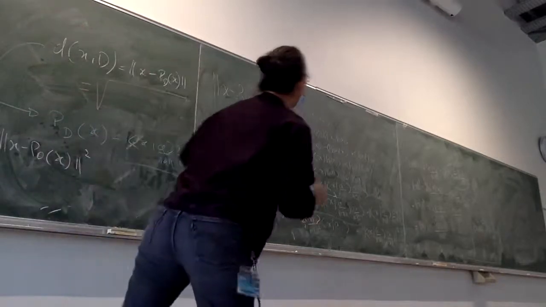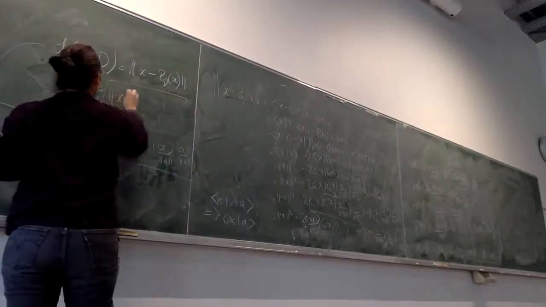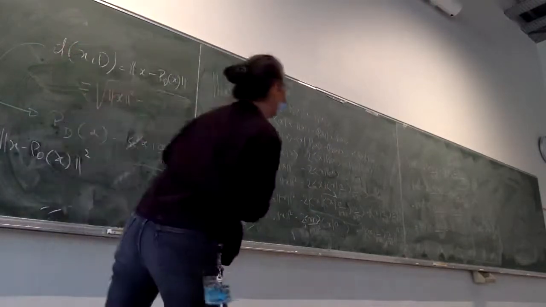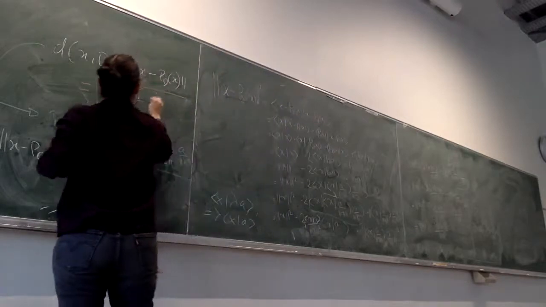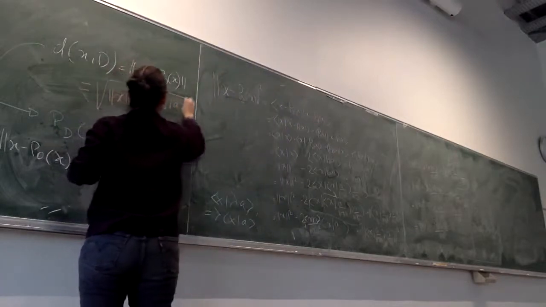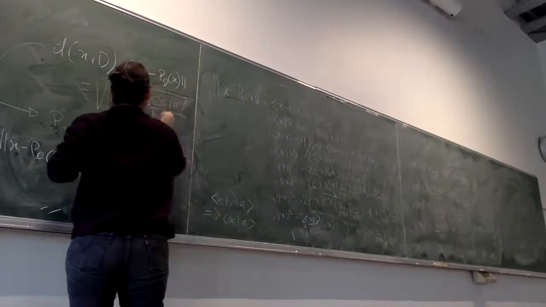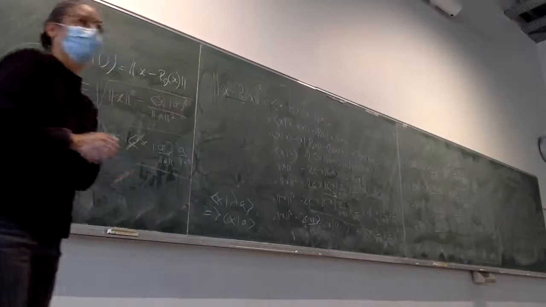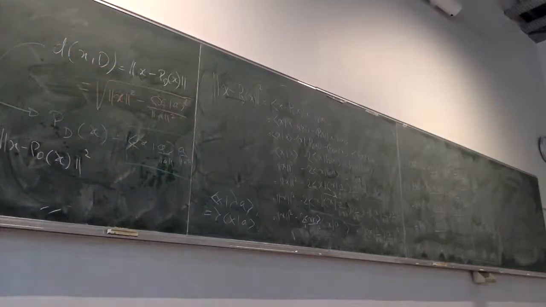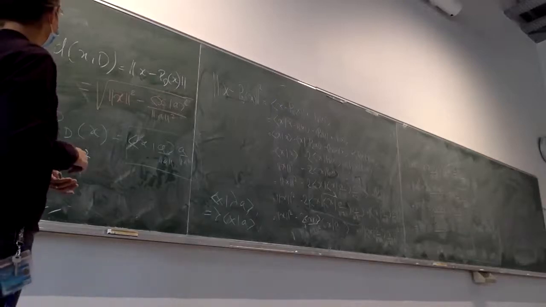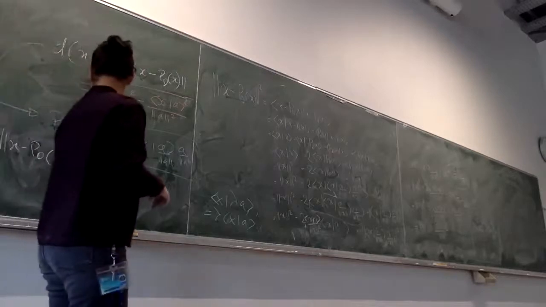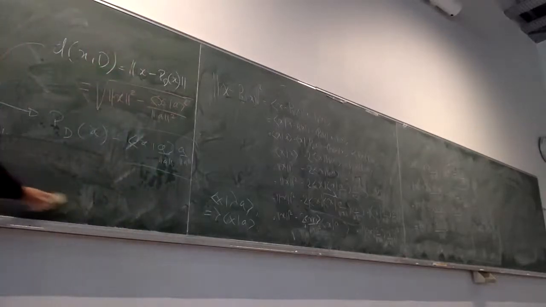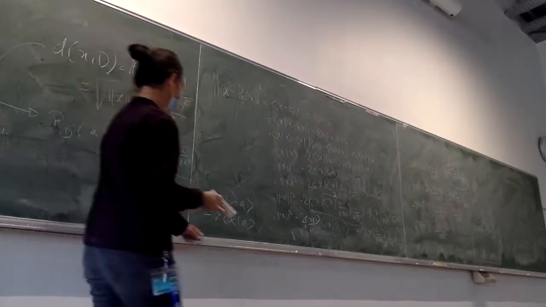So square root of x2 minus the other one, which I've erased. I tell you it's going to be much faster, the other one.